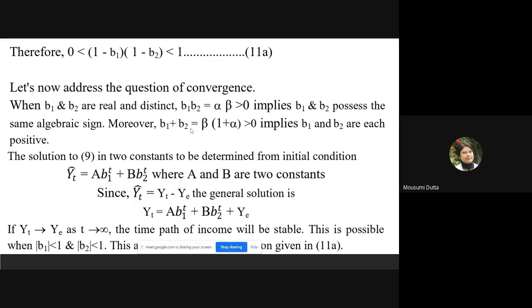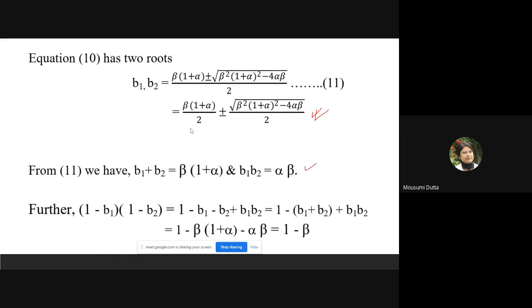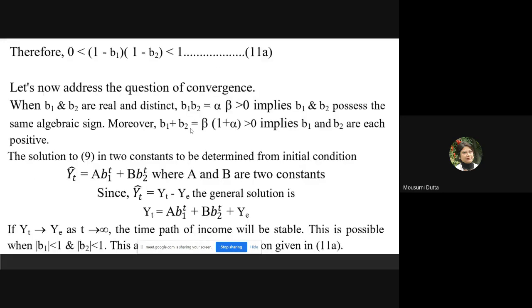So, the solution to 9 in two constants. We are keeping all these things in our mind. B1 into B2, which is alpha beta, is positive. B1 plus B2 is also positive. And 1 minus B1 into 1 minus B2 lies in between 0 and 1.